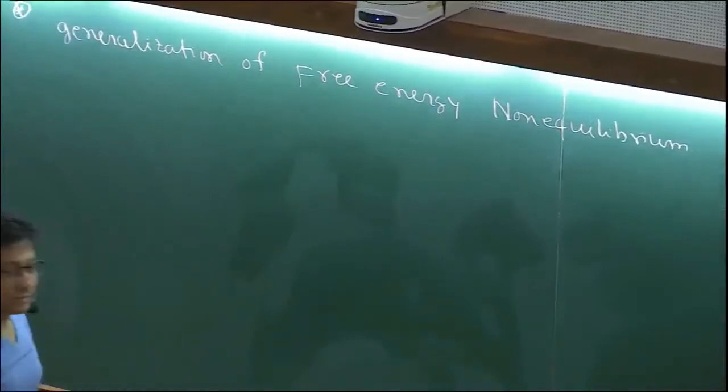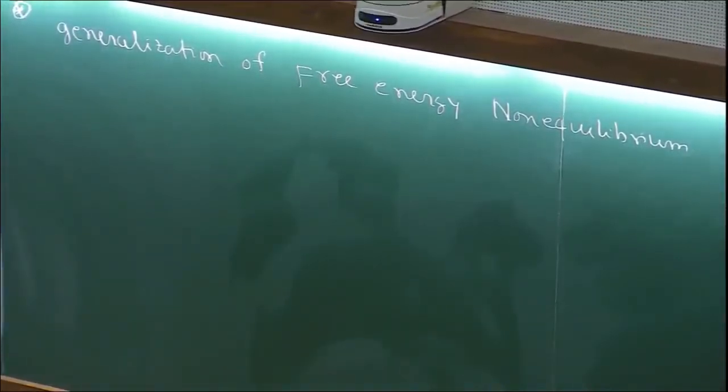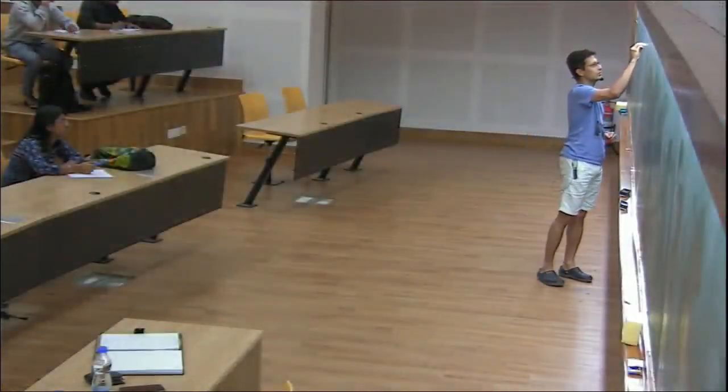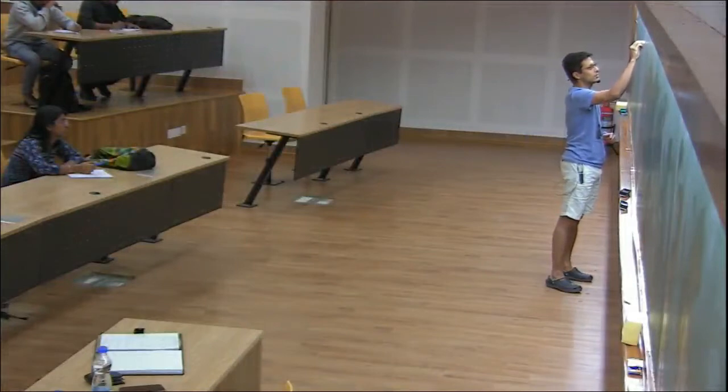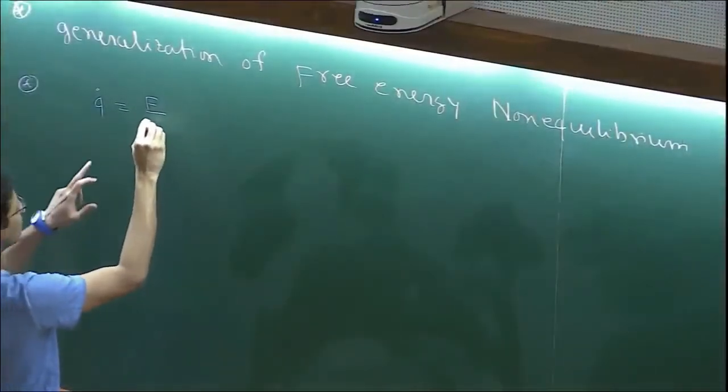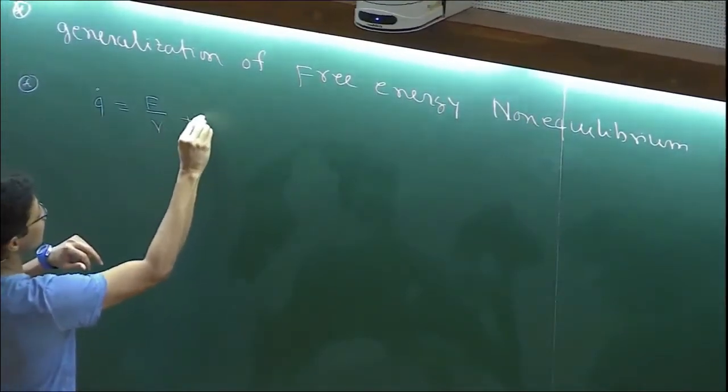Now, to introduce how to calculate this large deviation function, I started with a very simple example. That was this Langevin equation, which was a stochastic differential equation with one degree of freedom.